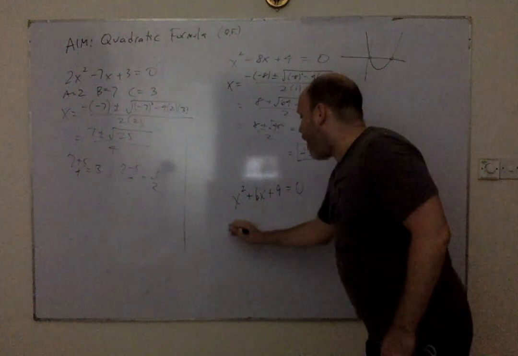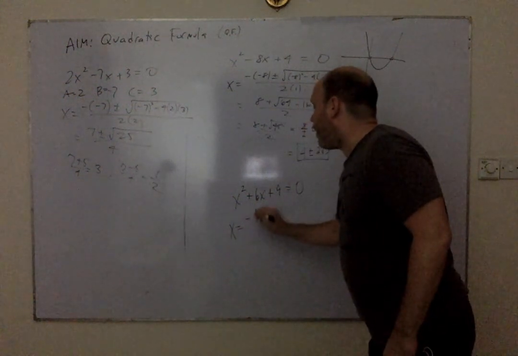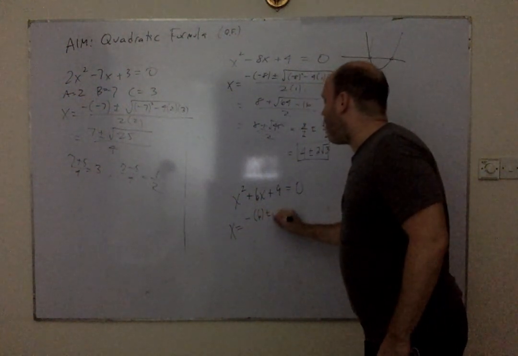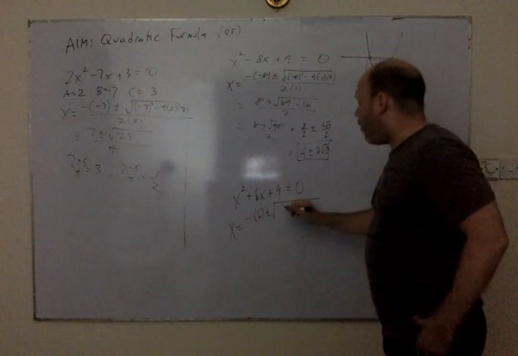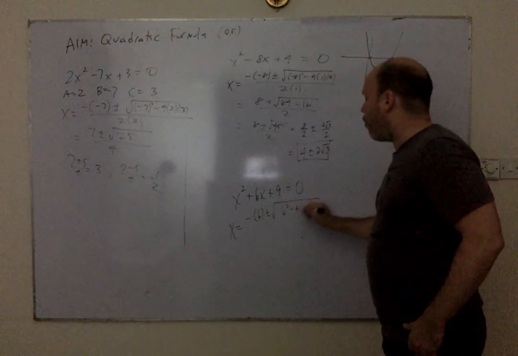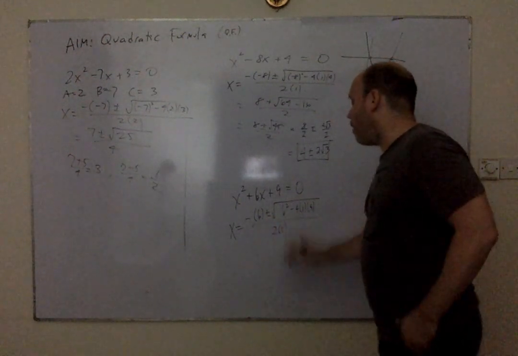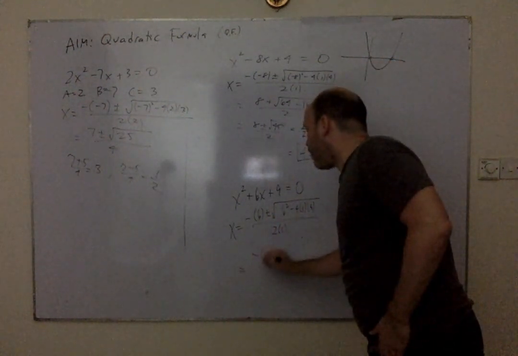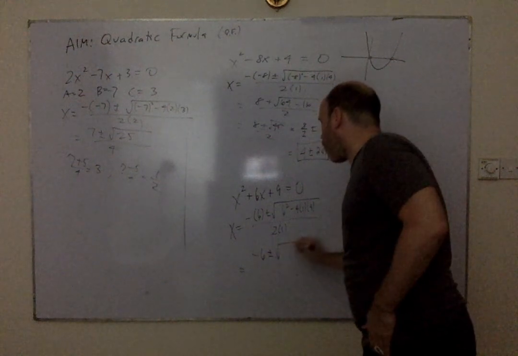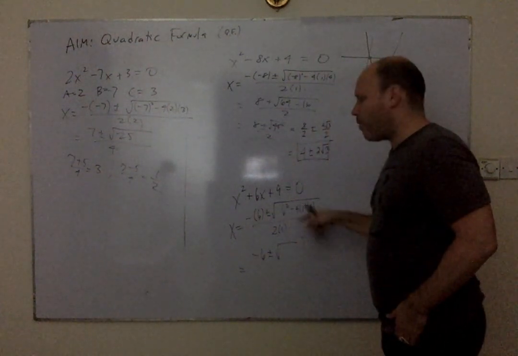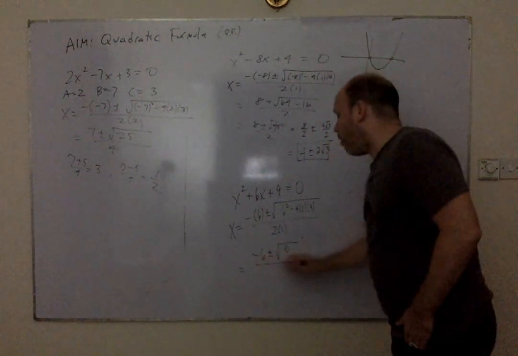So we have x equals negative 6 plus or minus the square root of 6 squared minus 4ac all over 2 times 1. And so we end up with negative 6 plus or minus the square root of 36 minus 36, or 0, over 2.